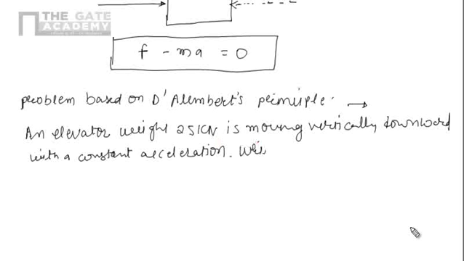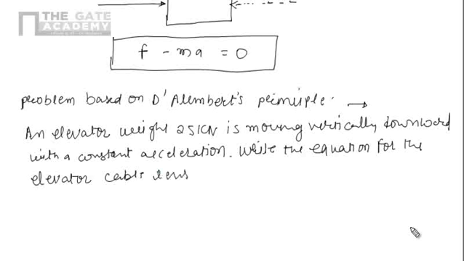Write the equation for the elevator cable tension. I am just repeating the problem: an elevator which weighs 25 kilonewton is moving vertically downward with constant acceleration, and we have to write the equation for the elevator cable tension.